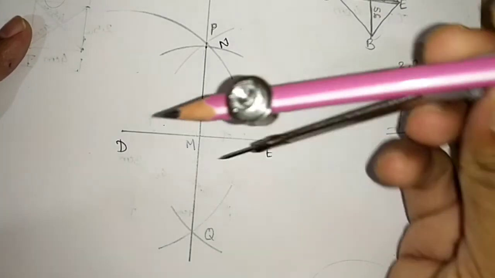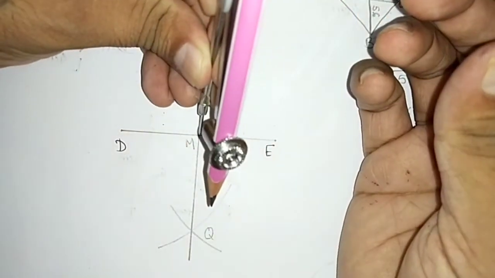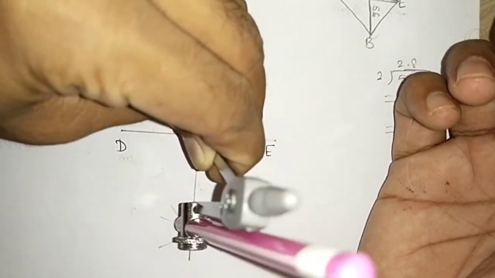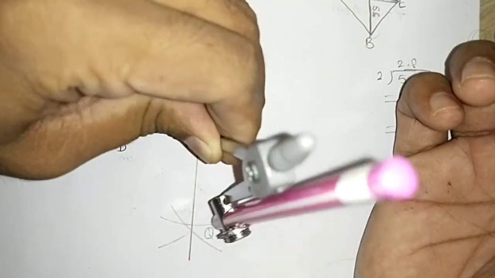Again, this is also 2.8, and cut the line PQ.